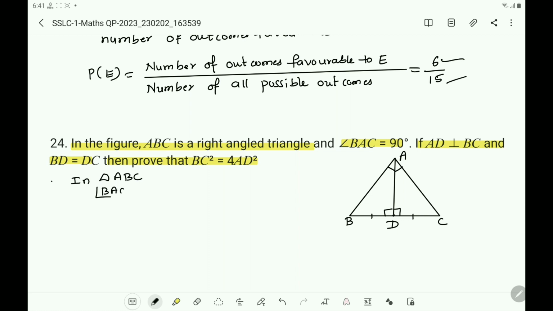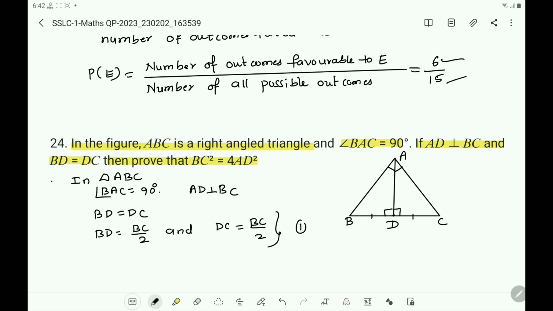Angle BAC equals 90 degree. AD is perpendicular to BC and also given BD is equals to DC. As BD is equals to DC, here D becomes the midpoint of BC. Midpoint of this line BC. So you can say that BD is BC by 2, half of BC, and DC is also BC by 2. Consider this as 1.